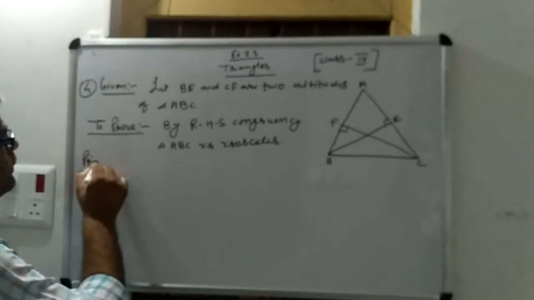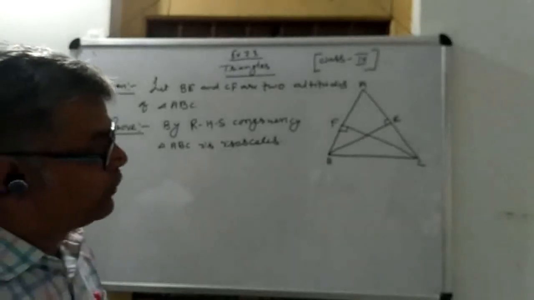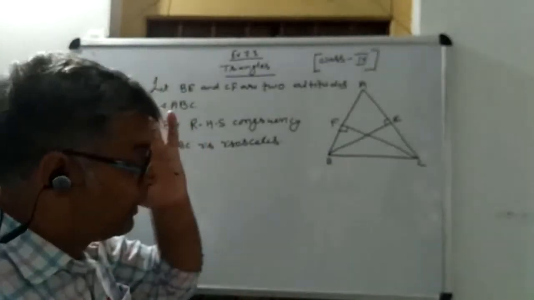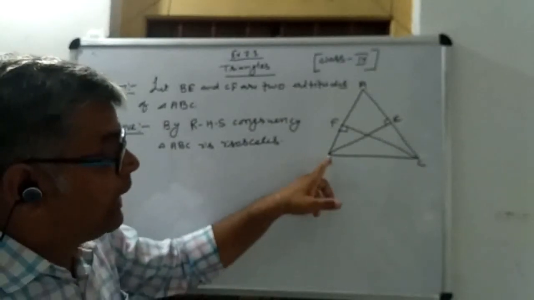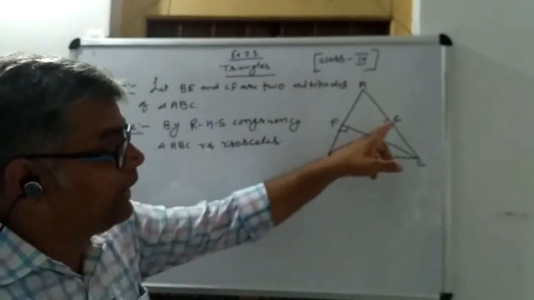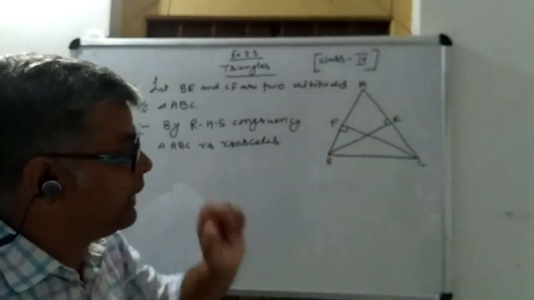Proof. First you take two triangles, triangle BEC and second triangle CFB.